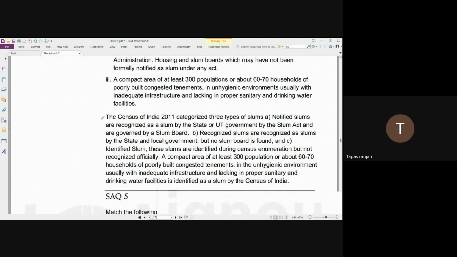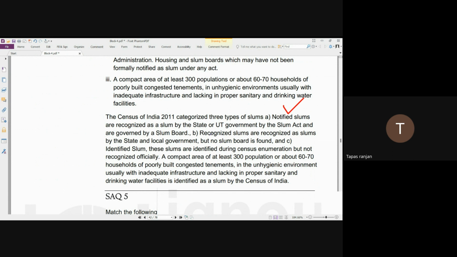The Census of India 2011 categorized three types of slums. One is notified slums, which are recognized as slum by state or UT government under the Slum Act, and are governed by slum boards. So if those slums have been notified, they will be termed notified slums.